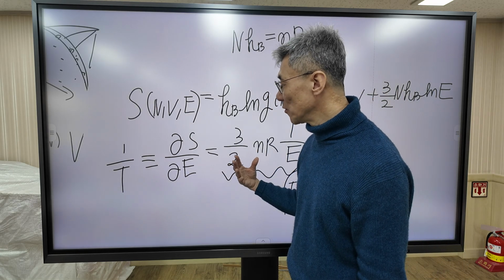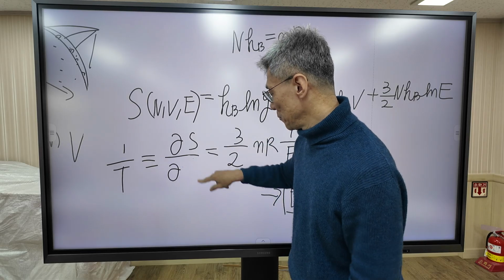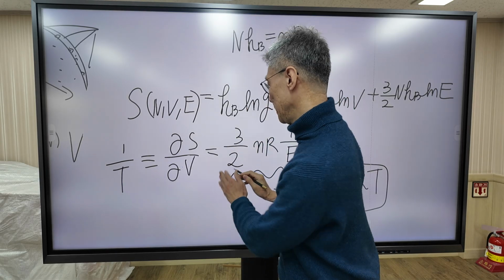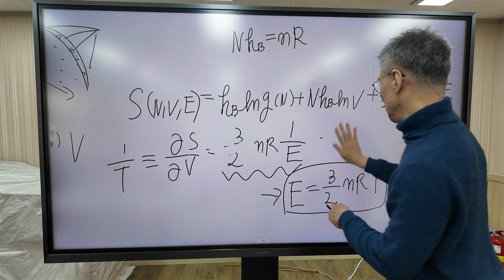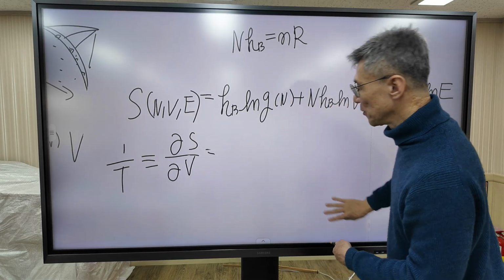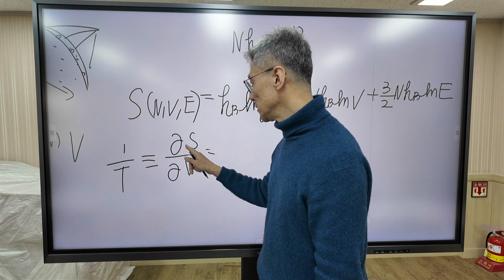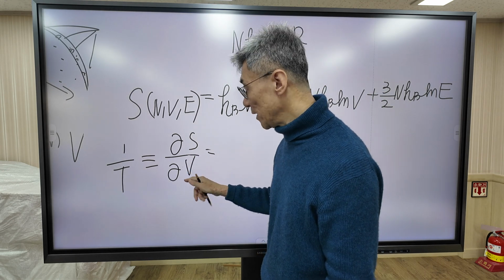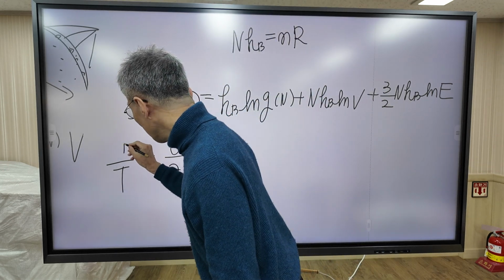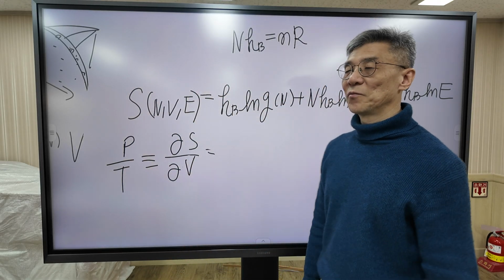Now I'm going to take a derivative with respect to V. Then what happens? According to statistical mechanics, when you take a derivative of S with respect to V, it is defined as P over T. This is the definition of this term.